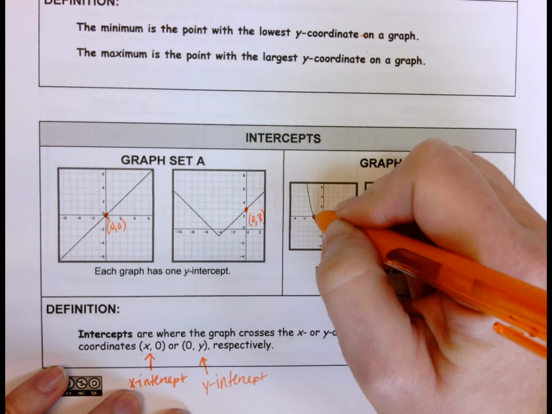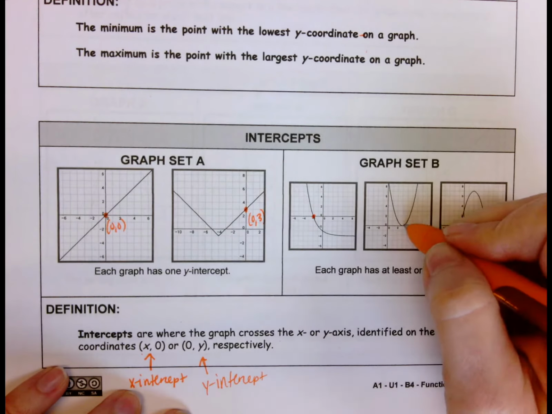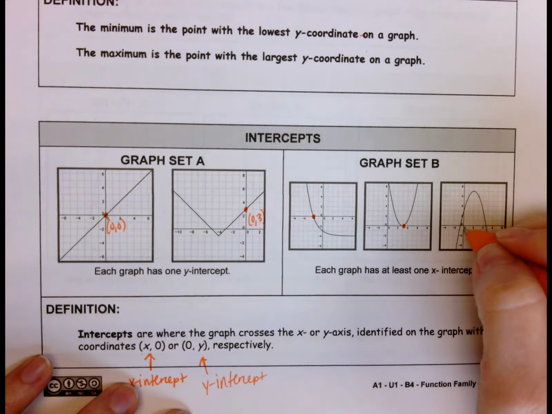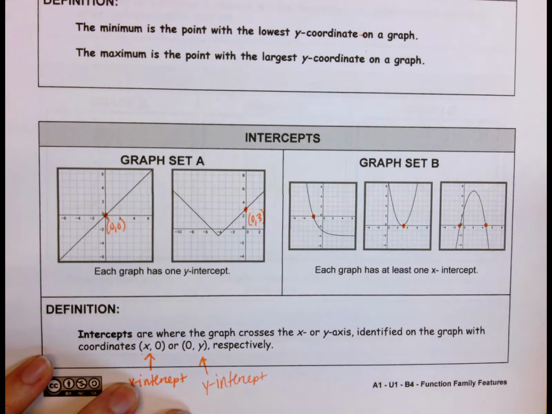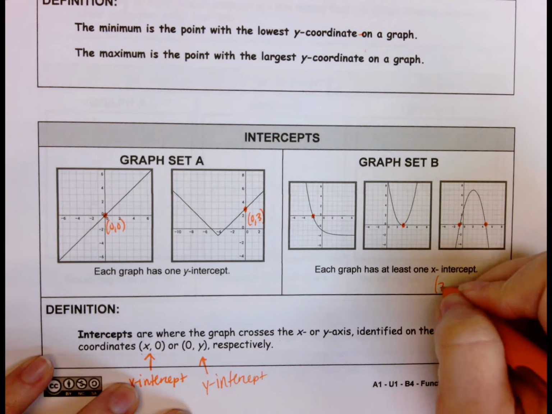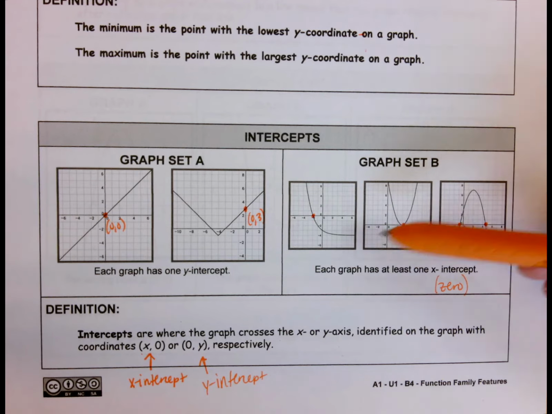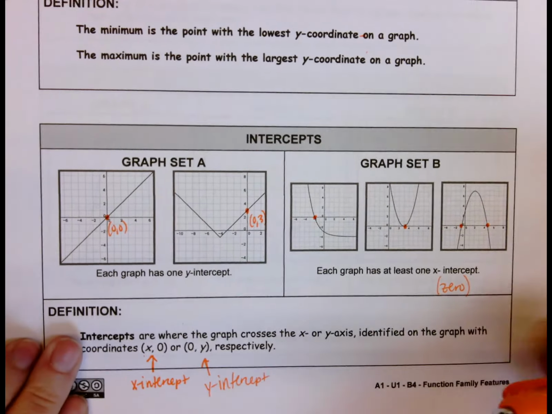So it crosses the x-axis right here. It touches the x-axis, which is still considered an intercept. And then this one actually has two x-intercepts. And so if you remember, sometimes we call an x-intercept a 0, okay, or a solution or a root. All of those are terms that we use. And so these are zeros. All right, so that's intercepts.